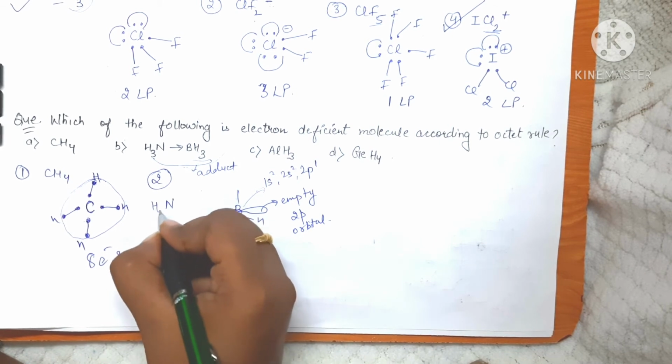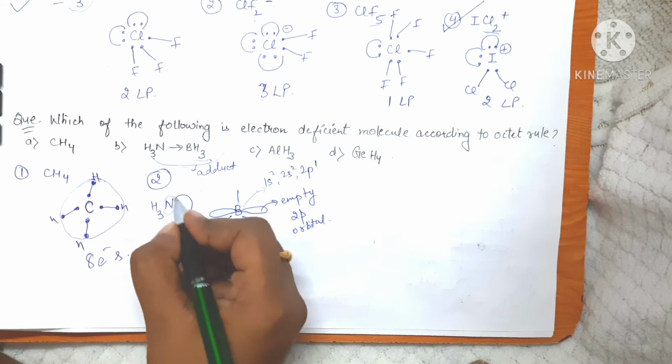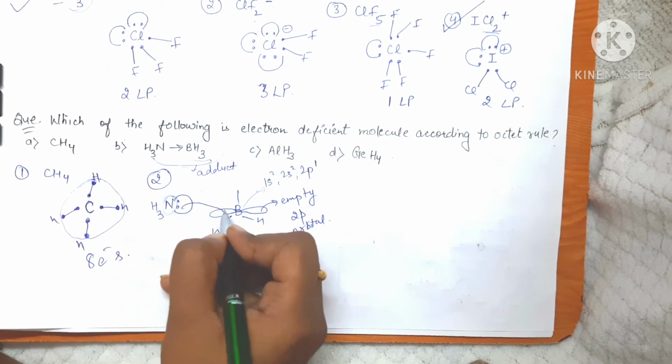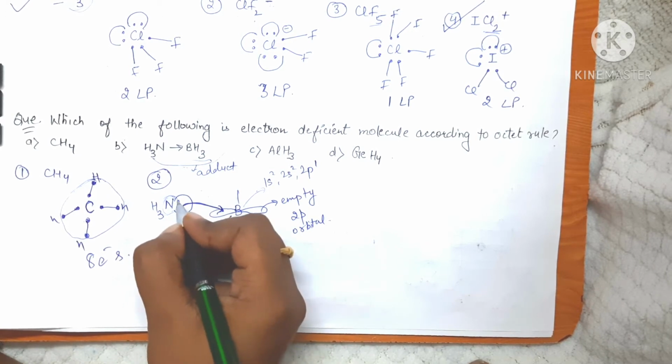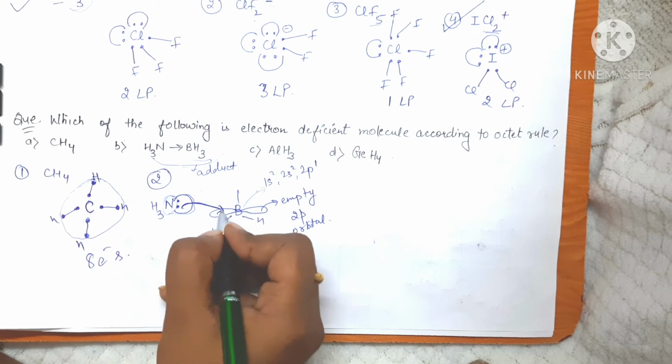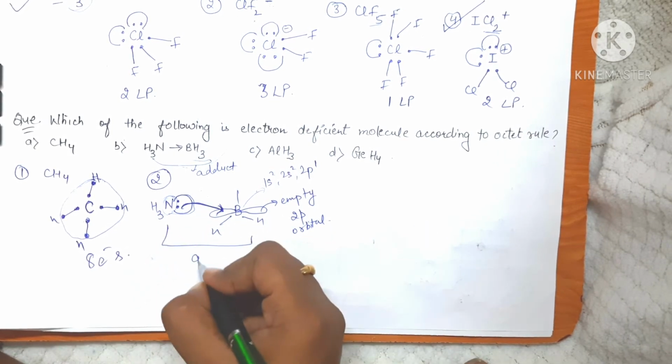Ammonia is there, and it has one lone pair. This nitrogen donates its lone pair to the empty 2p orbital of boron, and this way this adduct is formed.